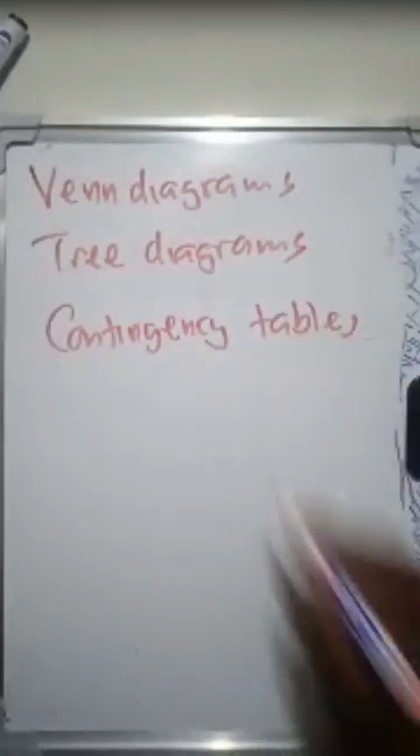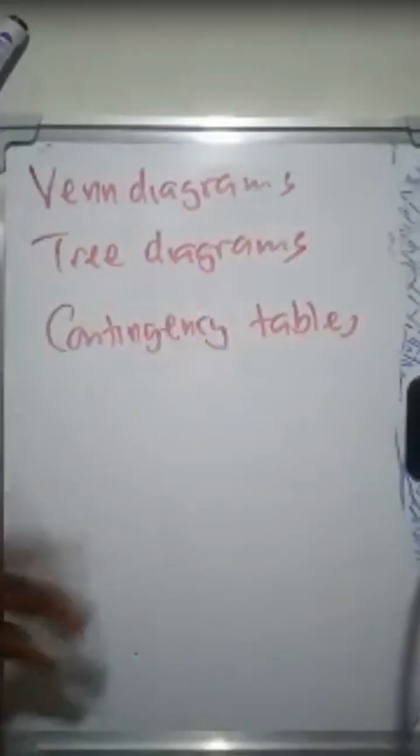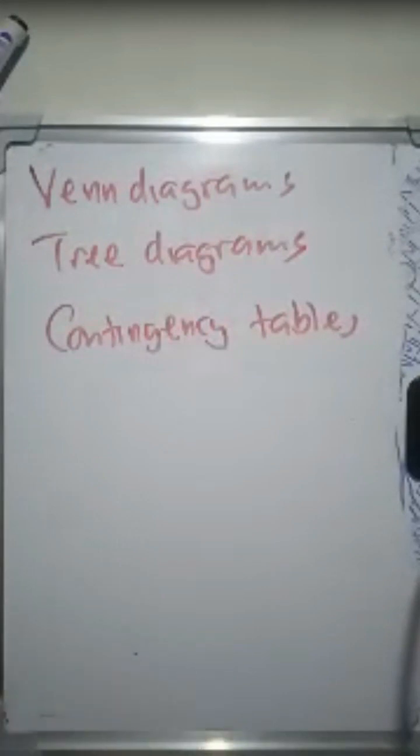If I try to teach these one by one now, we're going to have a problem. So I selected the questions that I selected there. You see that you have Venn diagrams, tree diagrams, and also contingency tables. So we're going to use those as a revision for Venn diagrams, tree diagrams, and contingency tables.